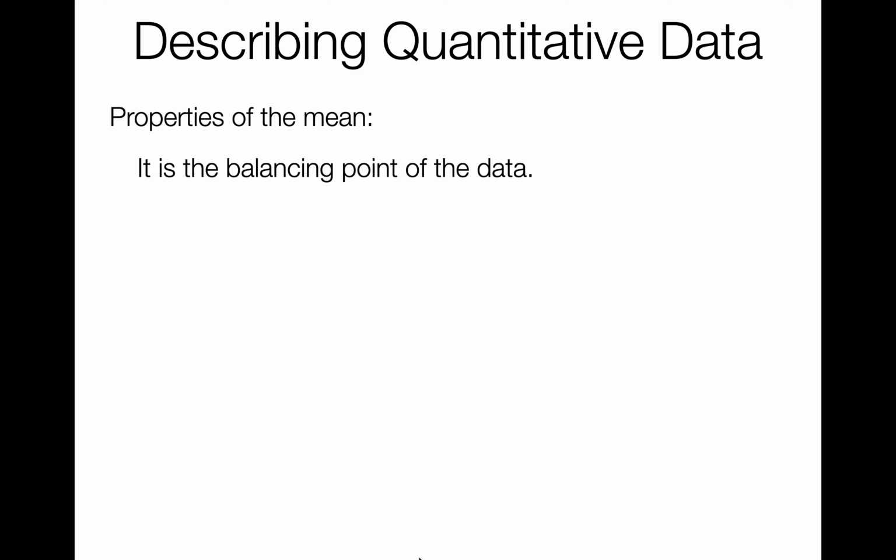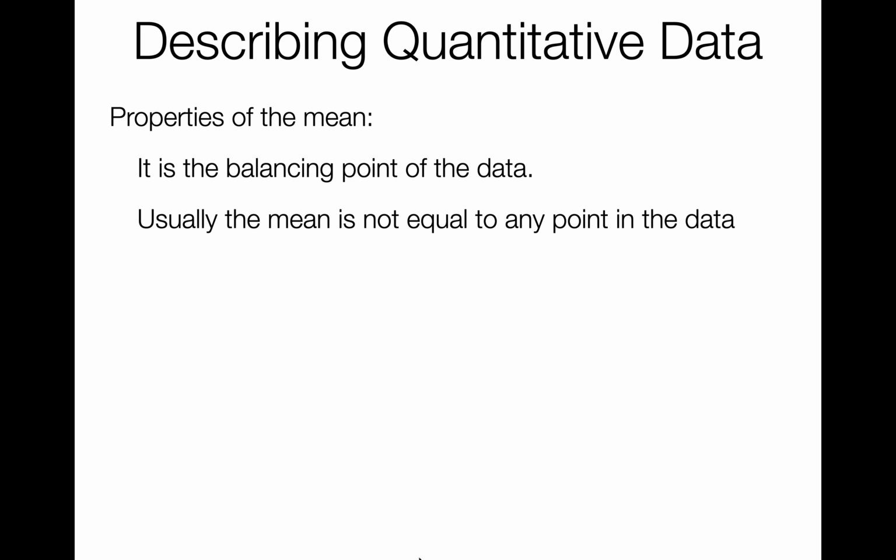It wouldn't tip over in one direction or another. Right? Usually the mean is not actually equal to a point in the data set. Okay? So the mean number of children in a household, at least at one time, was around 2.4. Certainly you can't have 2.4 children, okay, but that is the mean number of children in each household.